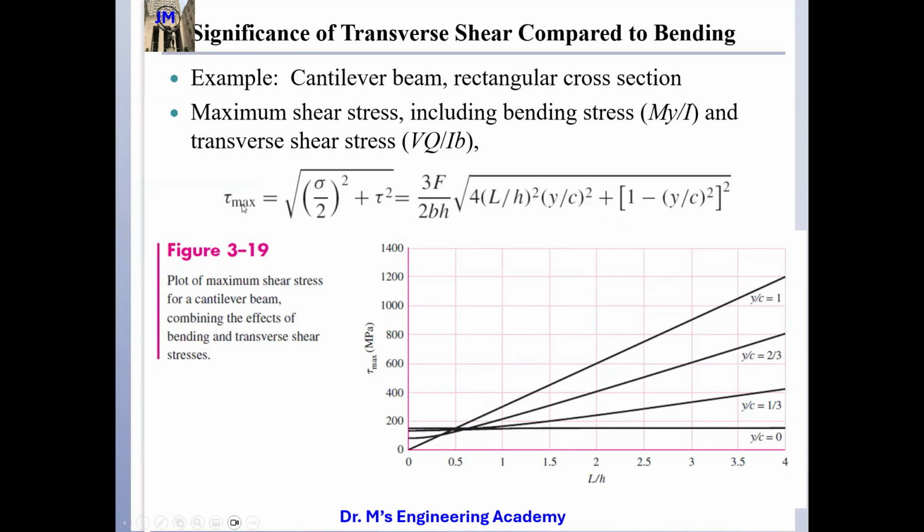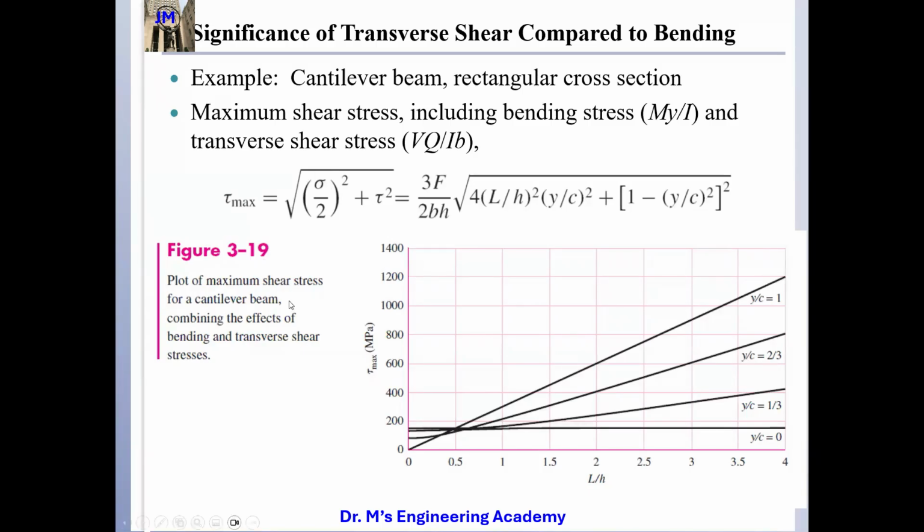So tau maximum equals the square root of (sigma over 2) squared plus tau squared.